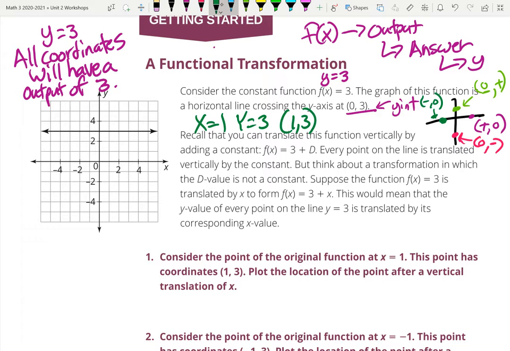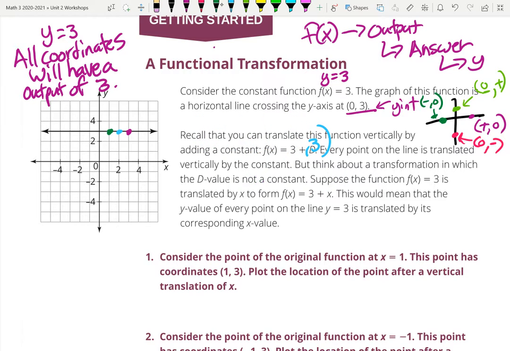X is 1, y is 3. Notice how it's here. X is 2. Okay, doesn't matter. Y is 3. Becomes 2, 3. So on. X is 3. Doesn't matter. Y is 3. 3, 3. Notice how this process repeated is going to result in a horizontal line.